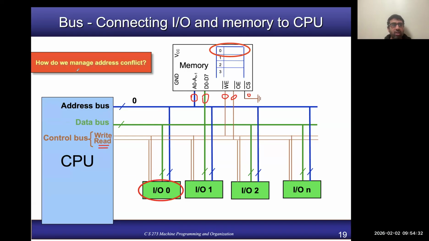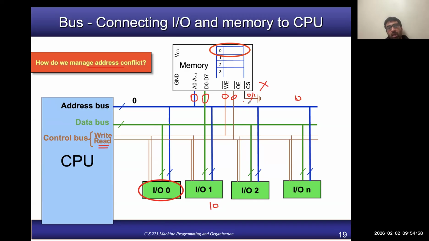So how do we then manage the address conflict? For example, as I said, if 0, 1, 2, 3 are the addresses placed on the address bus, yes, chip select should be low. But if the address placed on the address bus is 10, and maybe this 10 is for IO device 1, then this chip select should not be 0, it should be 1 here, right?